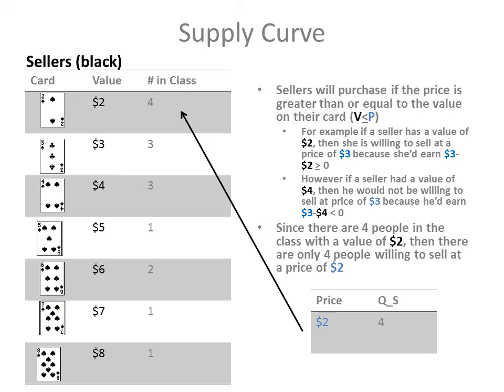Since there are 4 people in the class with a value of 2, there are only 4 people willing to sell at a price of 2. And so I can use this to figure out the first line of my table with price and quantity supplied.